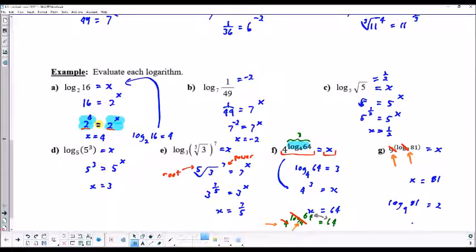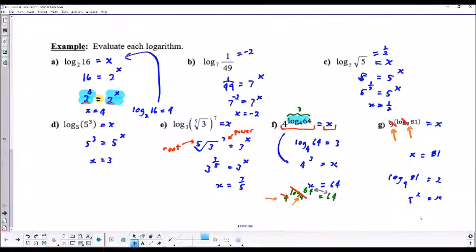And then we actually end up having 9 squared equals x. Therefore, x equals 81. Therefore, 9 to the exponent log of 81 to the base 9 is just 81.